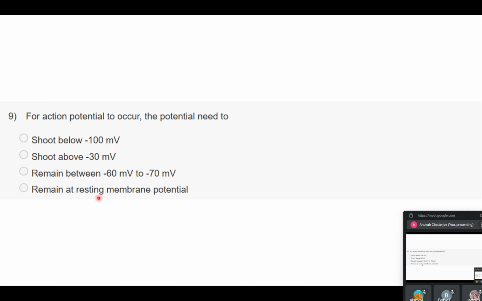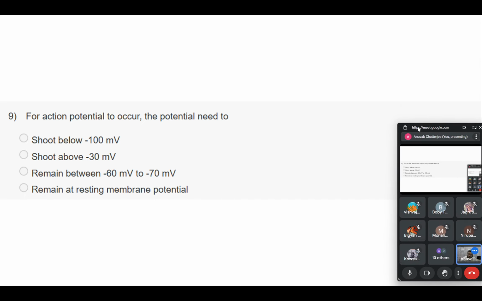Okay, so this is the last question for today. For action potential to occur, the potential needs to shoot below minus 100 millivolts, shoot above minus 30 millivolts, remain between 60 and 70 millivolts, or remain at resting membrane potential. So the four options, you can put in whatever you think is the correct in the chat. Truptish says this is B, shoot above minus 30 millivolts.